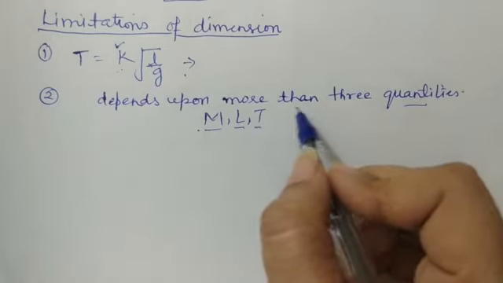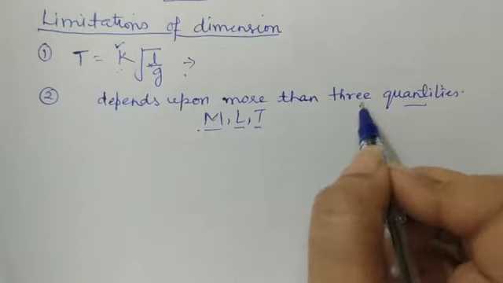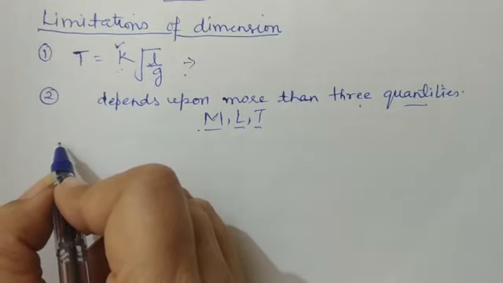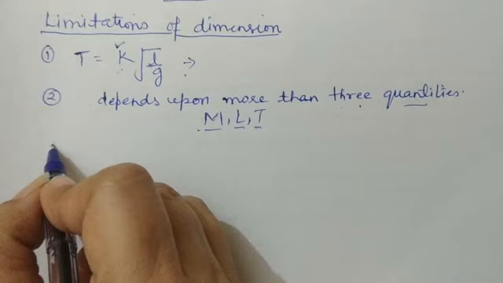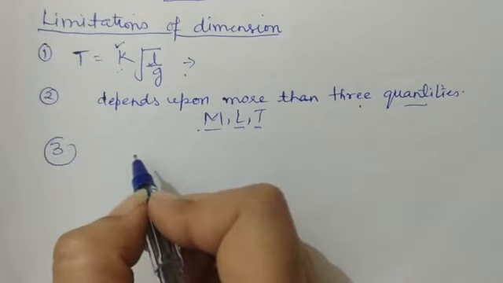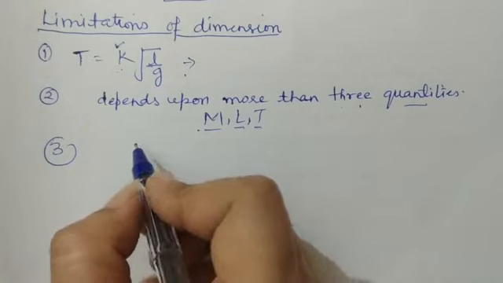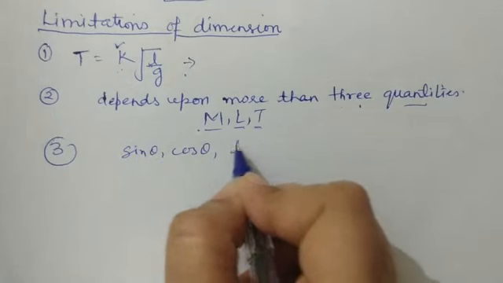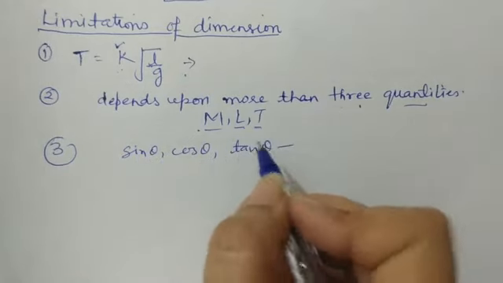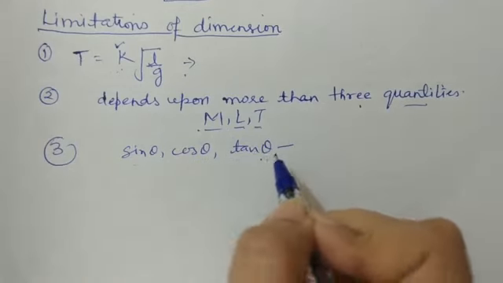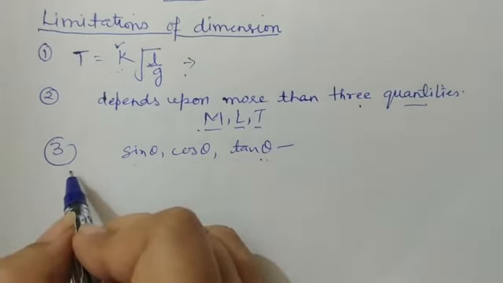Third limitation is, suppose in a formula there are trigonometrical functions like sine theta, cos theta, tan theta. Because they don't have any dimension, any formula including such functions cannot be derived by the dimension method.